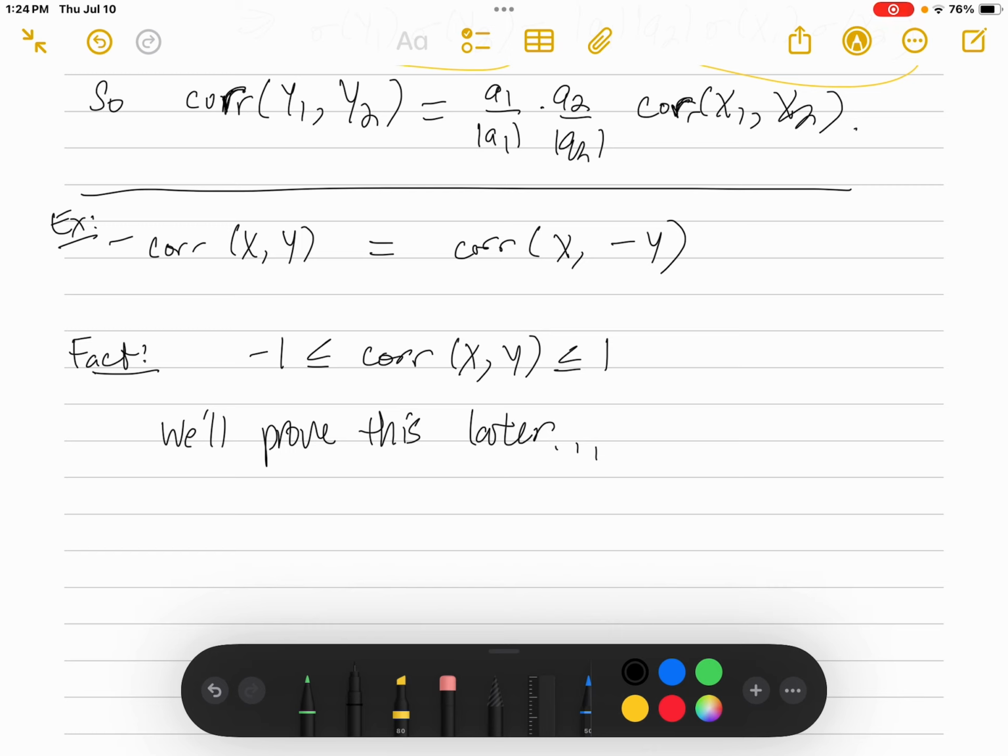But what I want to talk about in the rest of the video is how to use the concept of correlation to come up with a linear prediction relating x1 and x2.